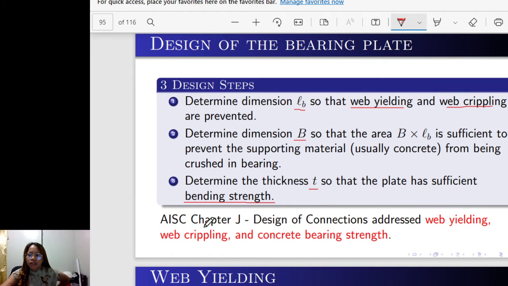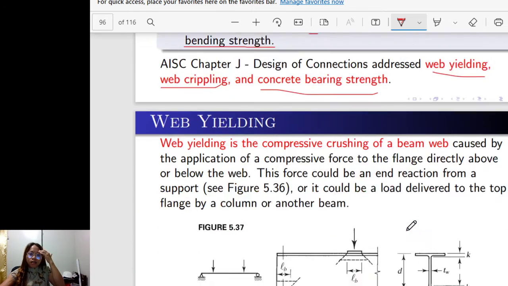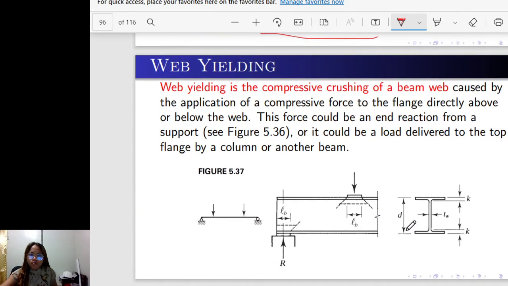The AISC chapter J, design of connections, addresses web yielding, web crippling, and concrete bearing strength. Web yielding: what is this? This is the compressive crushing of the beam web caused by the application of compressive force to the flange directly above or below the web.